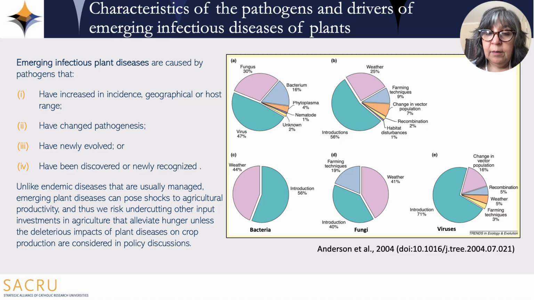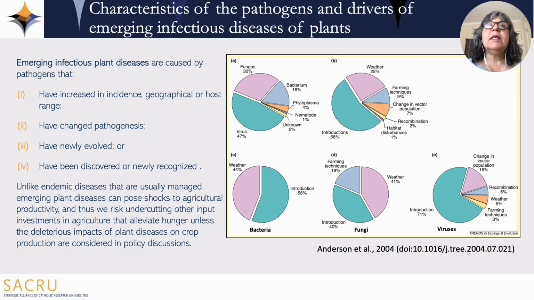Then, being introductions the main driver with 71% of the cases, it follows changes in vector population, which is important for plant viruses because vectors move viruses between plants. And in this case, they reach 16% of the reports for these new emerging infectious diseases.